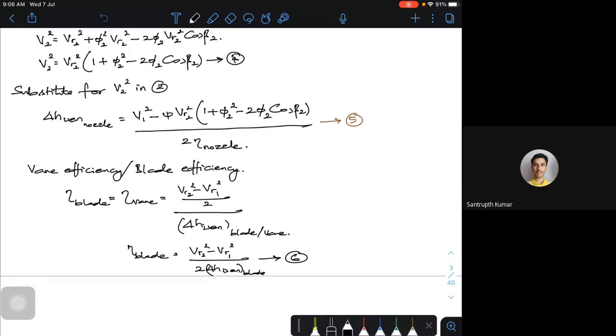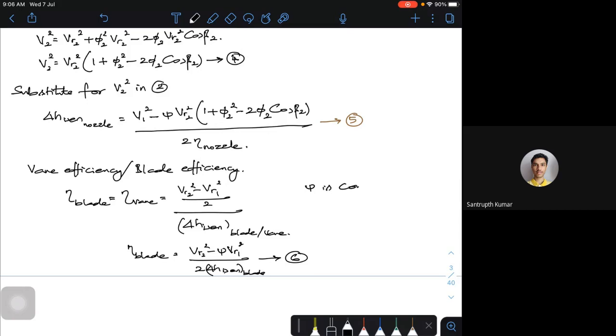Here, if I try to consider psi, psi is nothing but the carryover coefficient. So I can write this equation in terms of psi, that is psi into VR1 square, where the friction coefficient is considered.